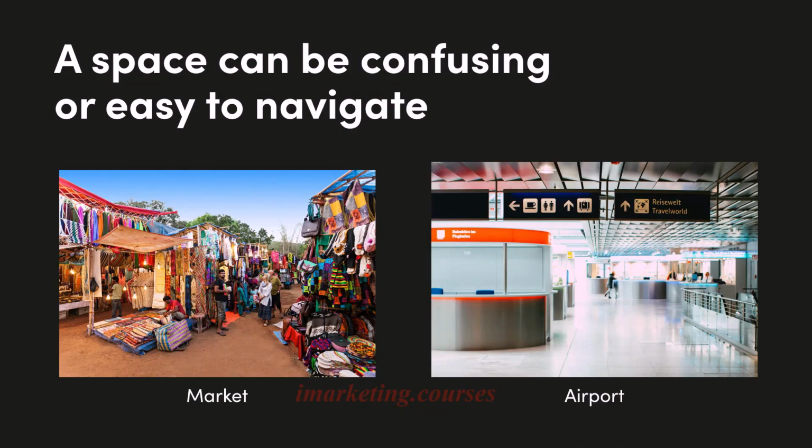Now, one more thing about the space is that one space, for example, a marketplace, can be very, very confusing and disorienting, versus a space like the airport, where it almost doesn't matter where you are in the world or how big the airport is, you know how to orient yourself, mainly because it uses expectations that people understand. How airports work, they all function the same way.